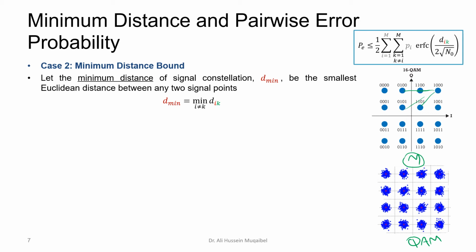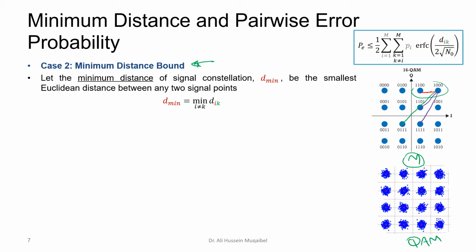We would assume that what really matters is the closest distance. It's true that you can mistake this with that, and then this with that, or even this with that, whatever. But the one that will have higher probability is the closest distance. So we're going to characterize the bound, we call it the minimum distance bound.